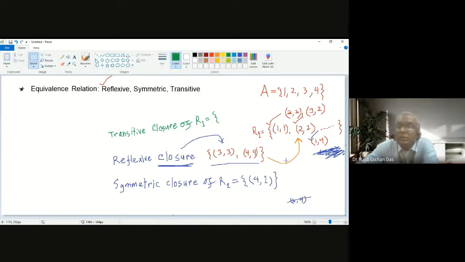No idea? Try to tell something. What will be the transitive closure of R1 that is necessary for being transitive? Otherwise, it is not transitive. If you include something, then it will be transitive. So, what is that? Is there anything?